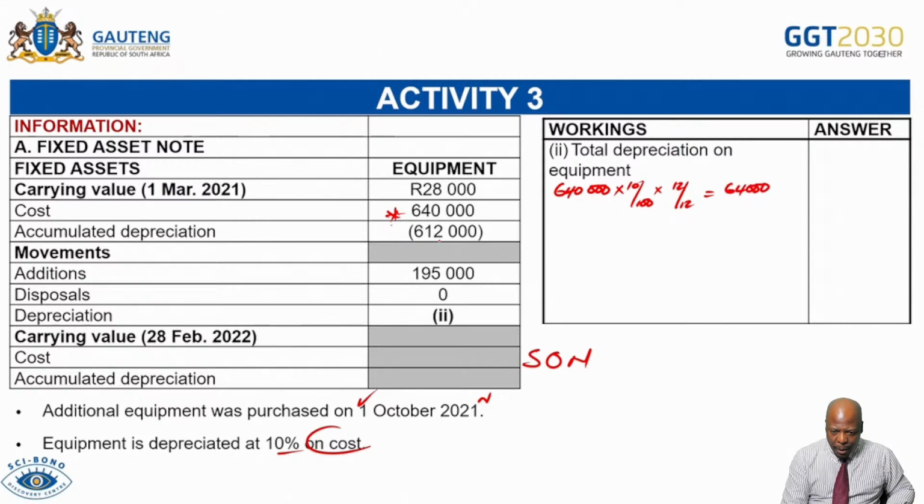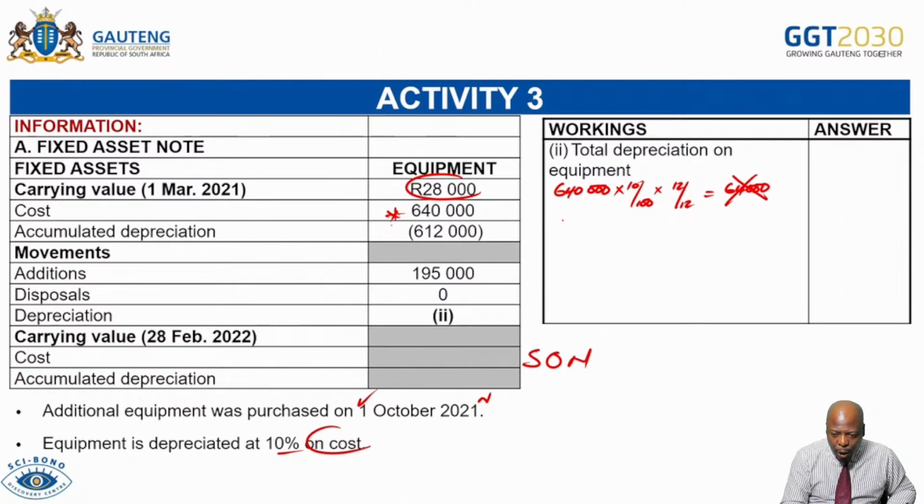Now, I carefully look. Is my 64,000 greater or lesser than my carrying value? My carrying value is 28,000. That simply means my depreciation is greater than my carrying value. When your depreciation is higher than your carrying value, you simply don't consider that depreciation.